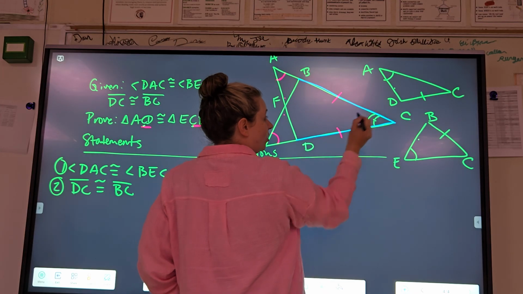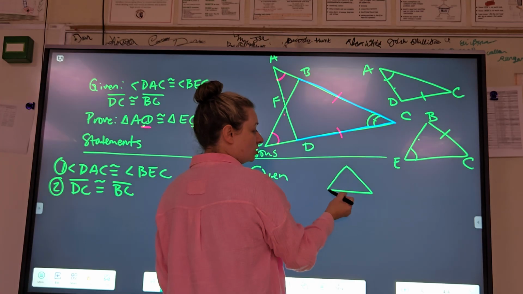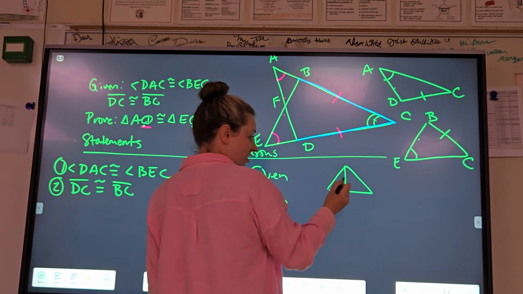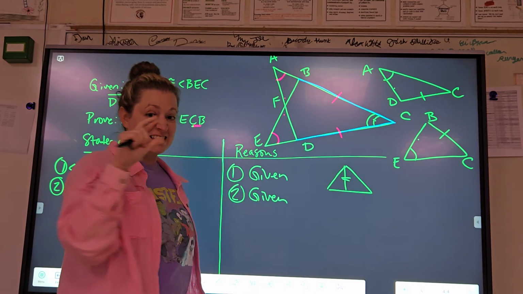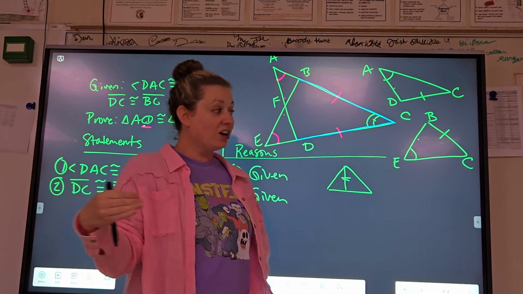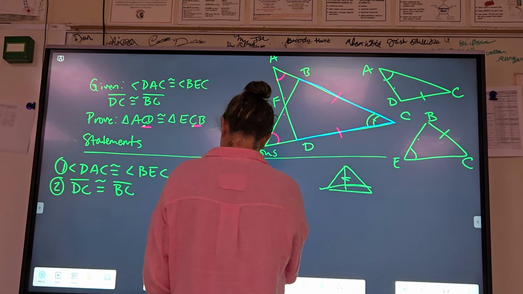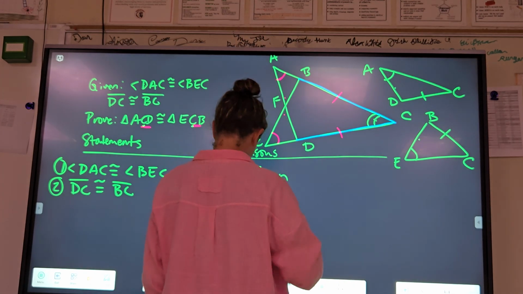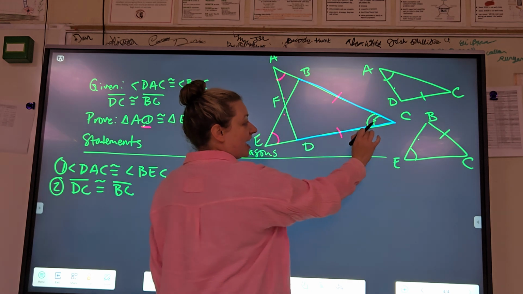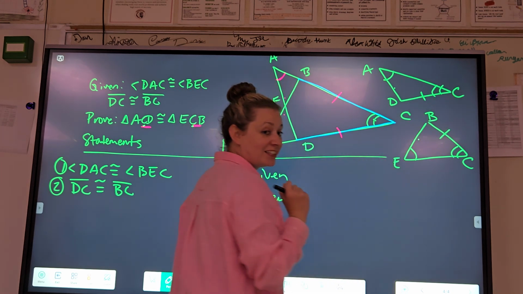So that angle, just like a shared side, you know, we've had to use those triangles and share a side. That side is not going to change sizes when you go from one side to the other of that picture. Angle C is not going to change sizes either. So we can say that angle C is congruent to itself.